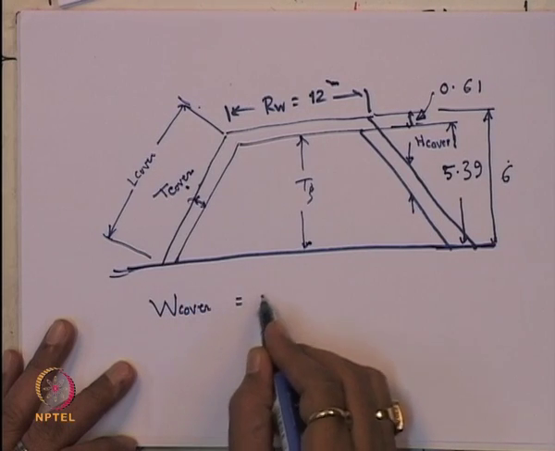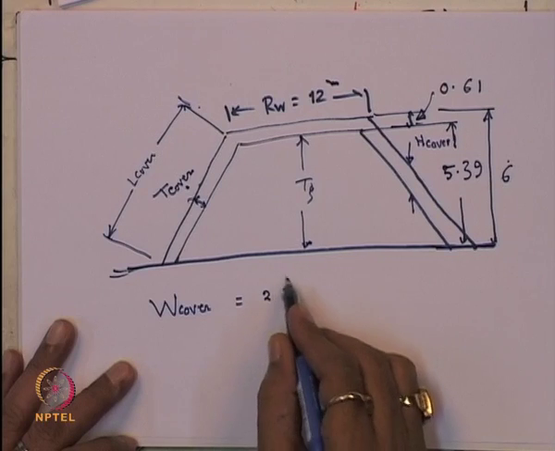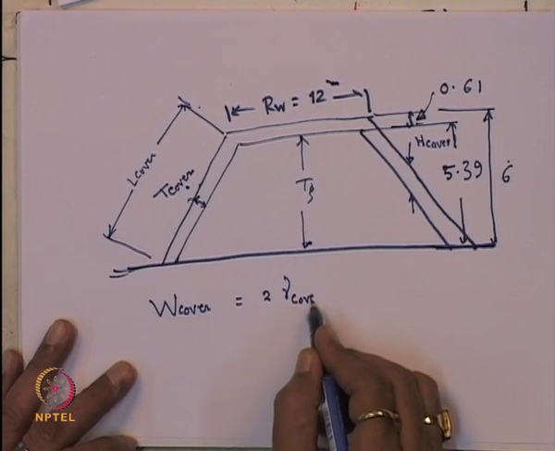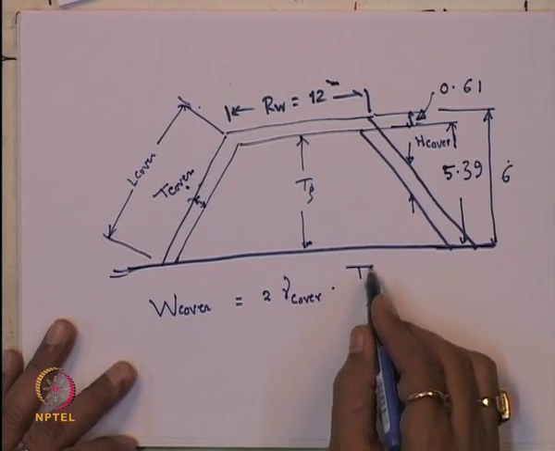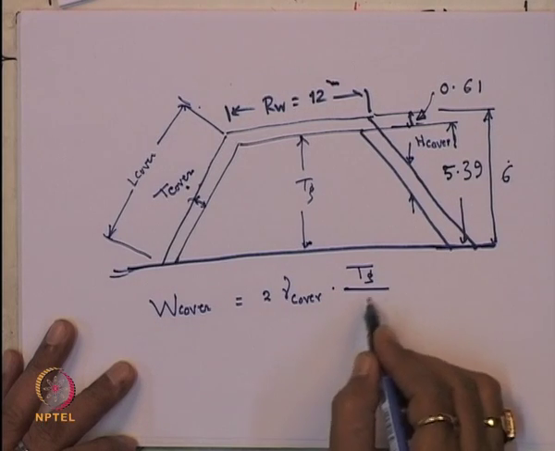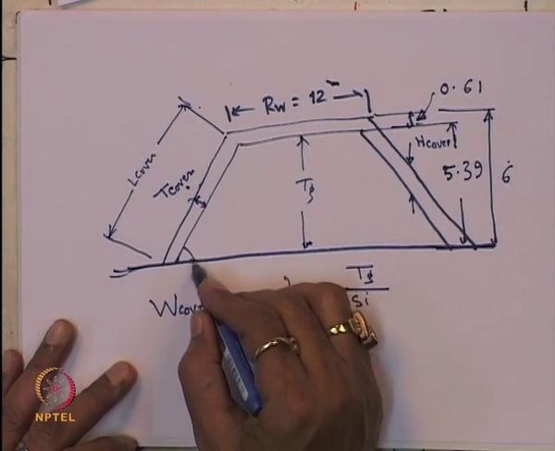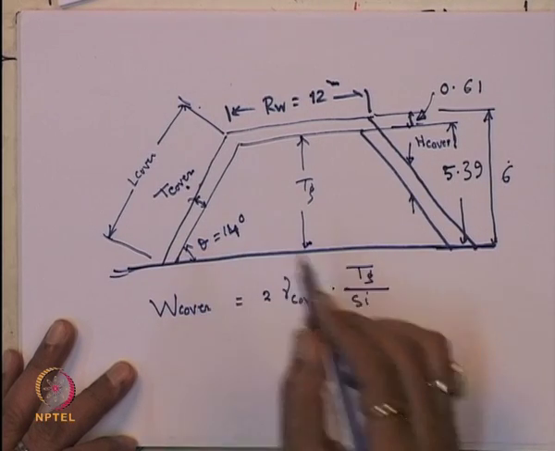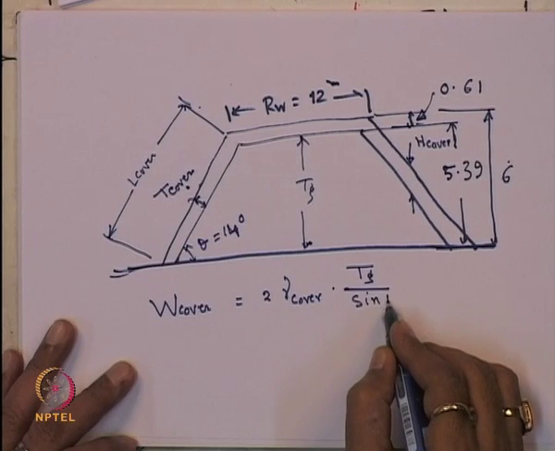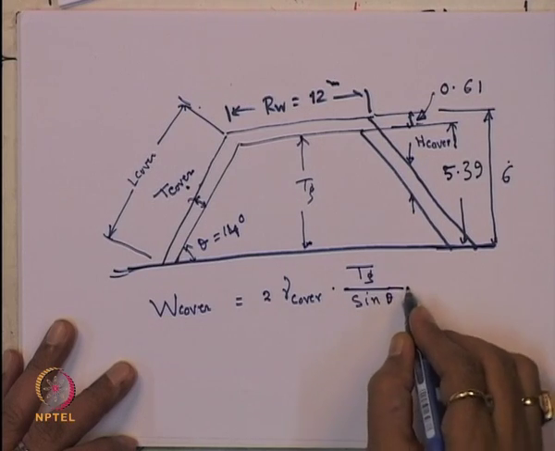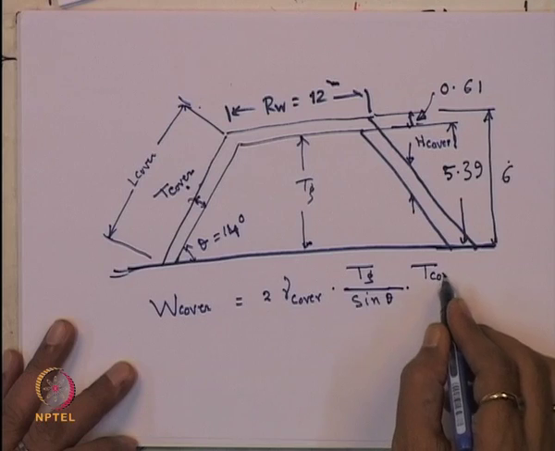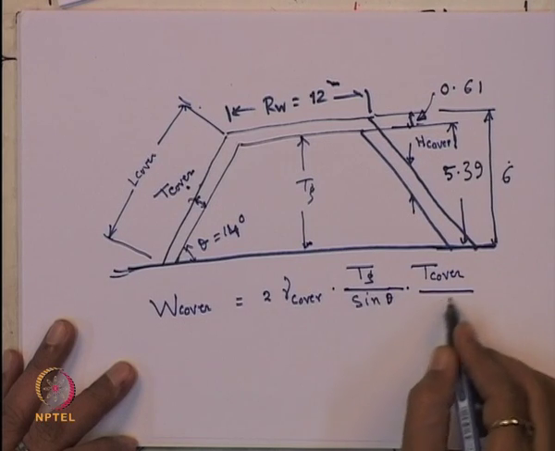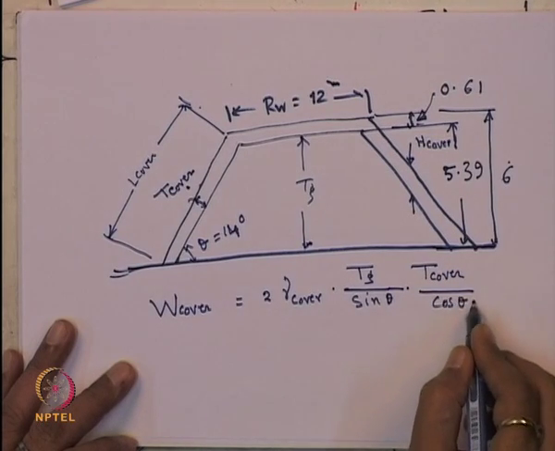W of cover is equal to 2 into gamma of cover into T of G divided by sine of theta, and this angle theta is about 14 degree, into sine of theta into T of cover divided by cos of theta.